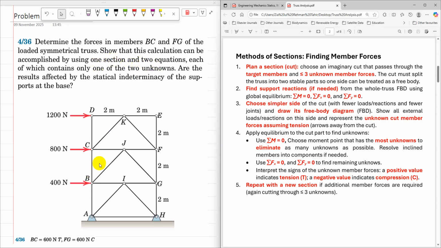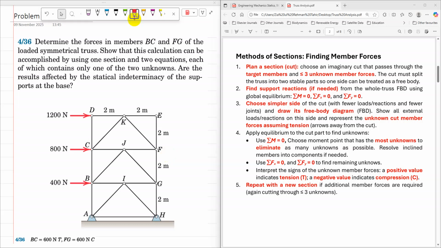So the other option is the method of sections, because the question says so: one section and two equations. For BC and FG, it is possible to draw a section.